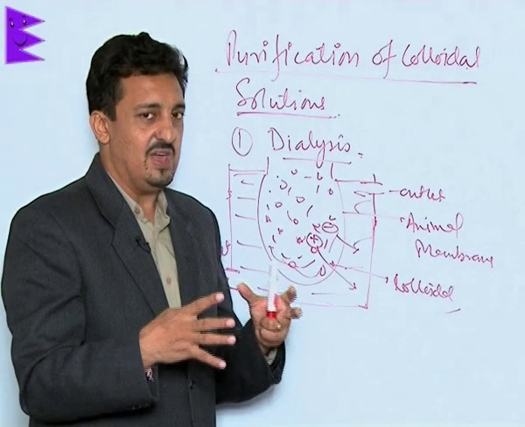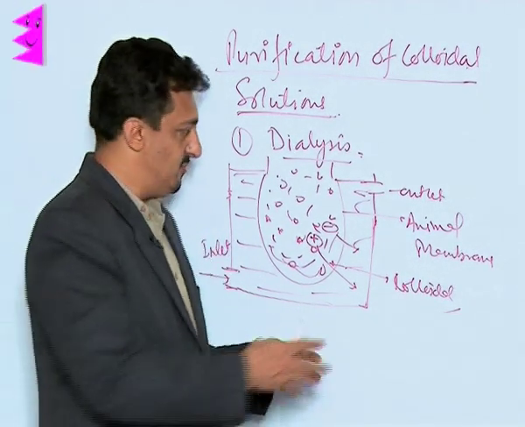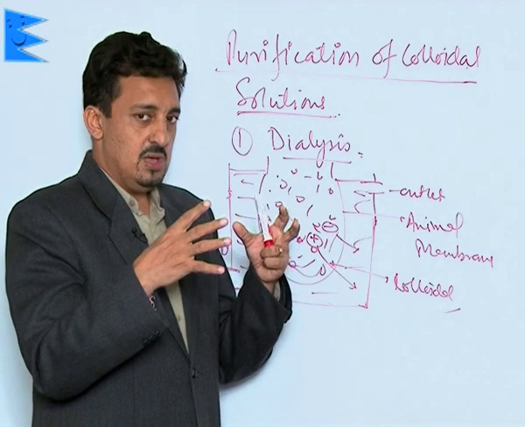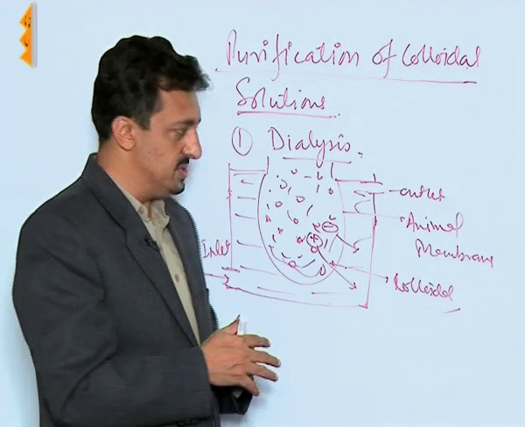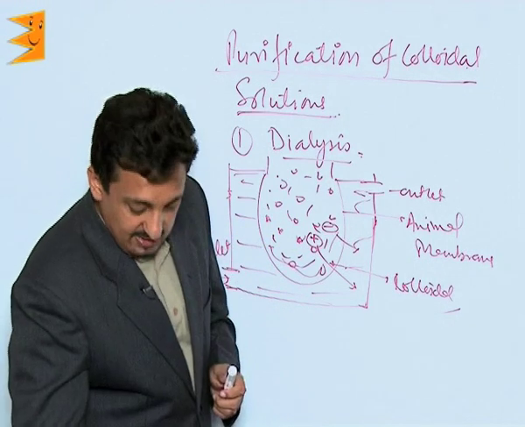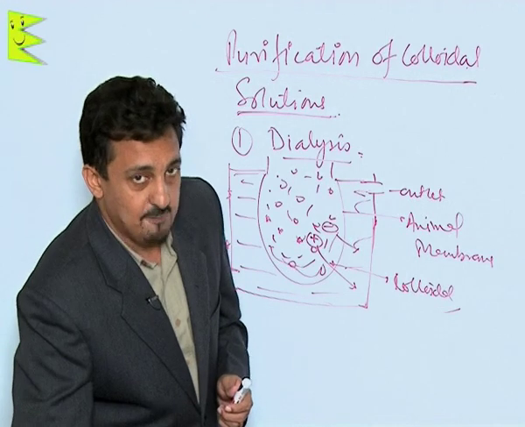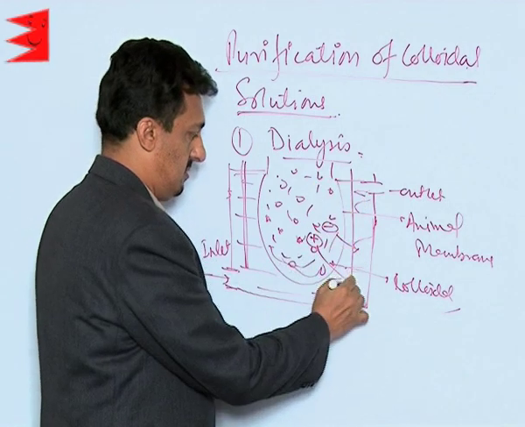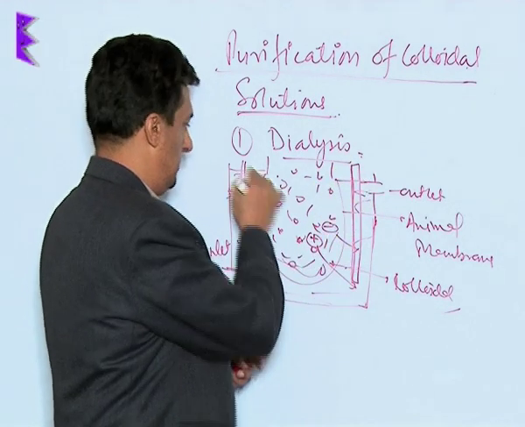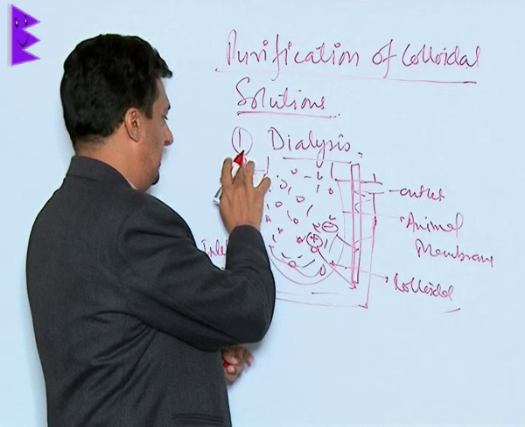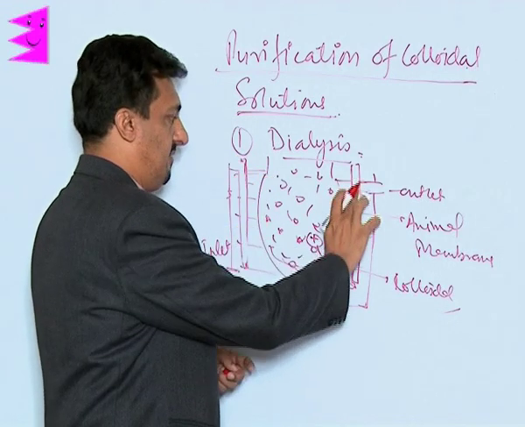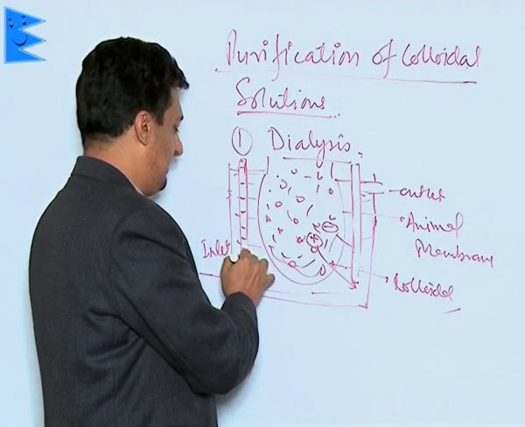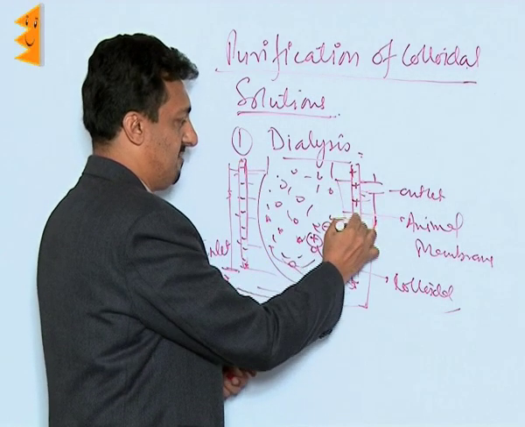Usually dialysis is a very slow process because diffusion of the ions takes place very slowly. Now in order to increase the speed of the dialysis, what we do is we let this happen in the presence of an electric field. Like this one is the negative plate, this one is the positive plate.